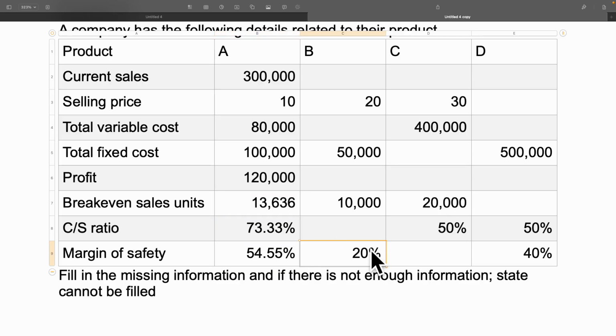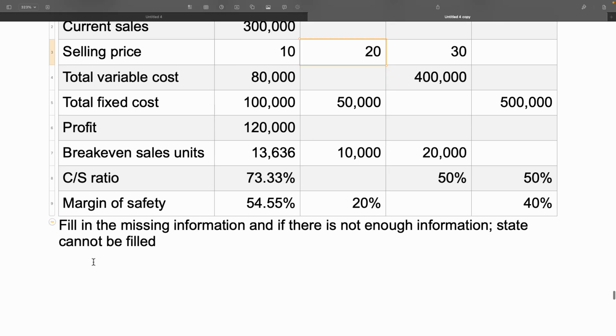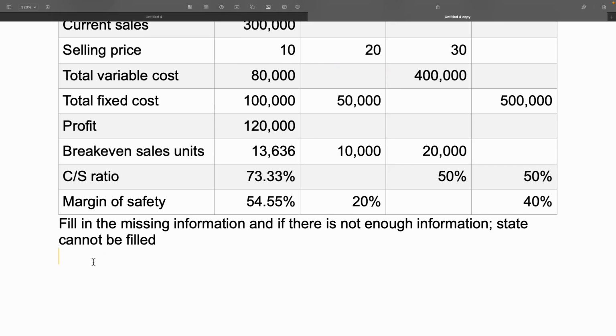Okay, here margin of safety given, break even unit given, selling price given. Now, if they already give you margin of safety, they already give you the break even sales unit, you already know the break even sales.